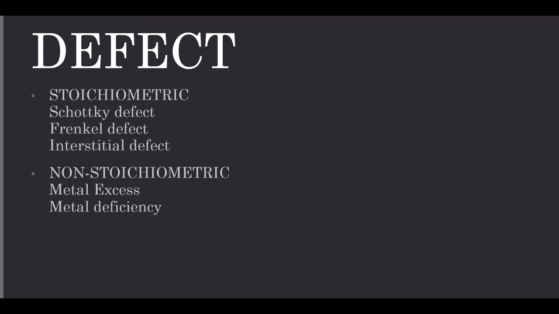Next we have the idea about the stoichiometry, non-stoichiometric effect. So then in this Schottky and Frenkel defect, we need to know the main things. In Schottky defect, cation and anion equal numbers are going out, so density will decrease as volume is same here.